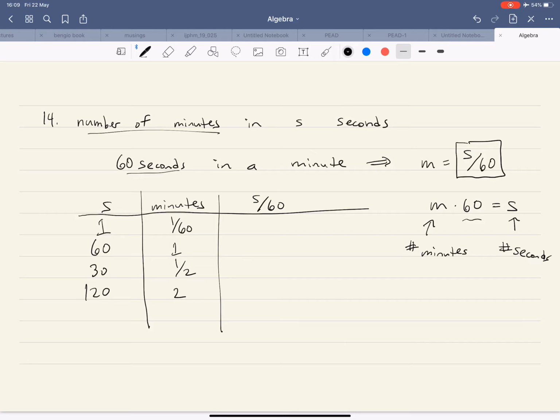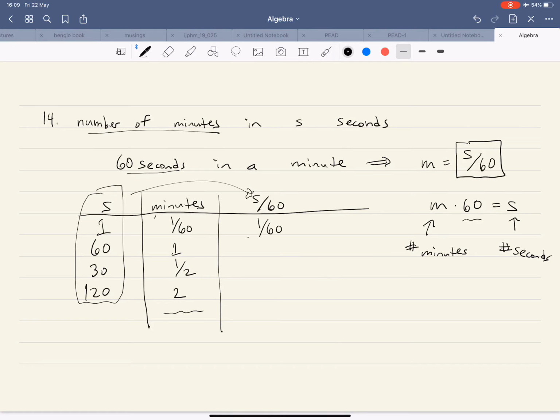Now I'm plugging in the values for S in this column into this expression here, and I'm going to check it with this column over here, which was my intuition, right? So I'm plugging in S as 1 and I get 1 over 60.